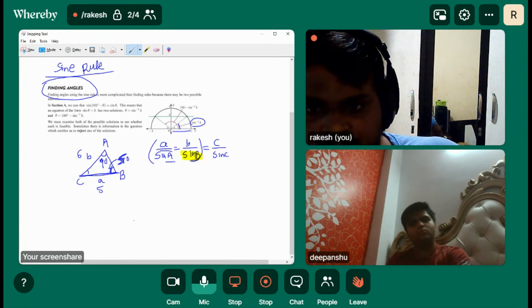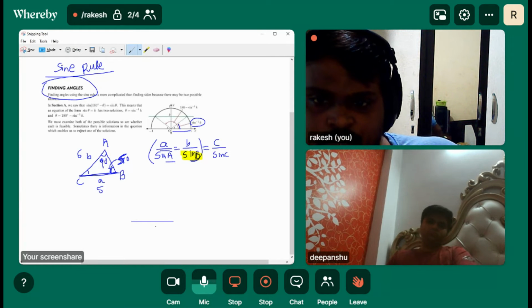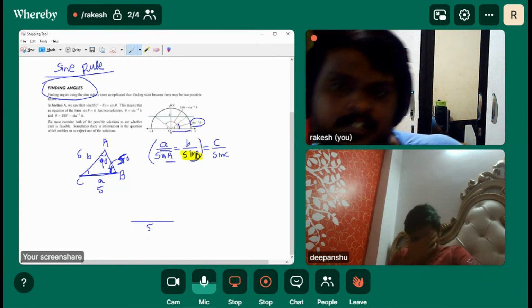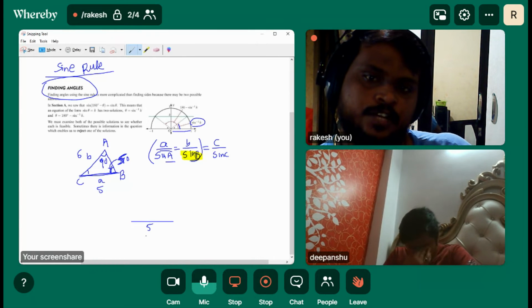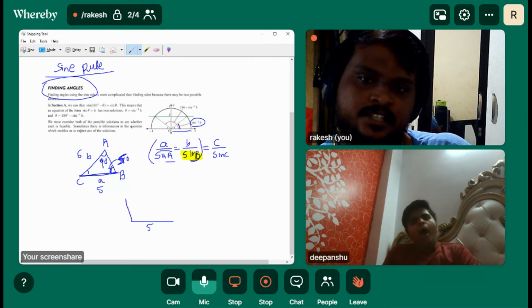If I draw the same measurement, considering the same measurement, this is 5 and this is 6.